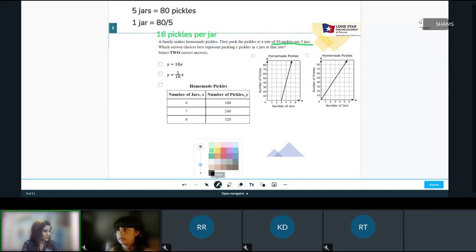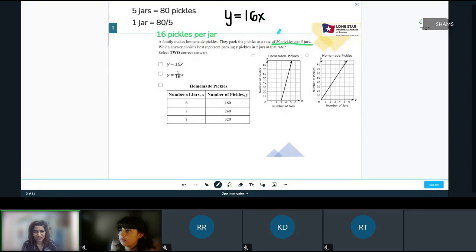You will say y, the total number of pickles, equals 16 times the number of jars, or 16x. That is how you can express that as an equation.